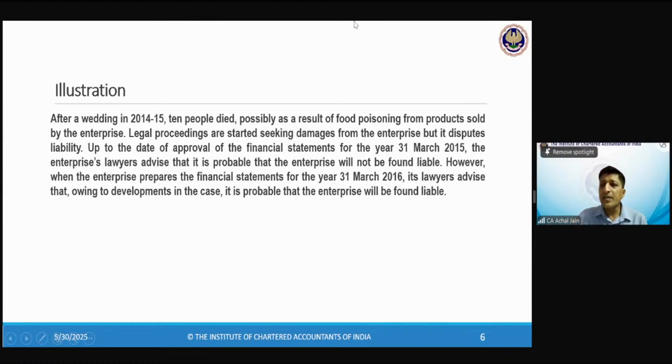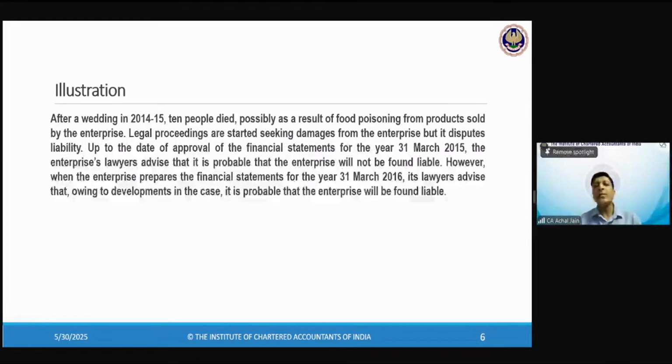Okay, so let's look at this. After a wedding in 1415, 10 people died, possibly as a result of food poisoning from the products sold by the enterprise. Legal proceedings are started seeking damages from the enterprise, but it disputes liability.